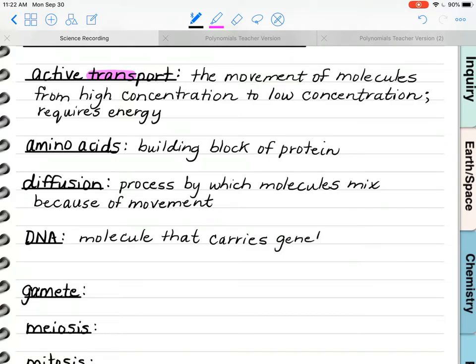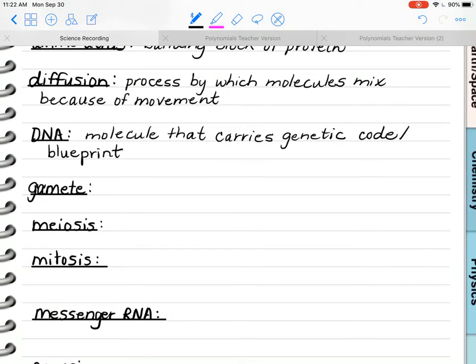That's why when your body makes new cells, it's the same genetic code that you had before. It is your body's blueprint to reproduce your cells. Your cells don't live forever, so you have to be able to make new ones, and the new ones have that same genetic code.